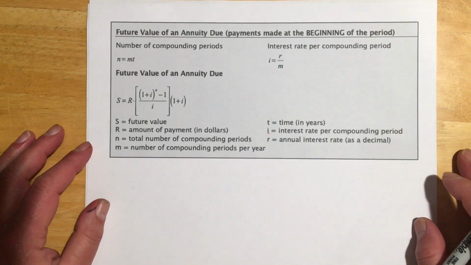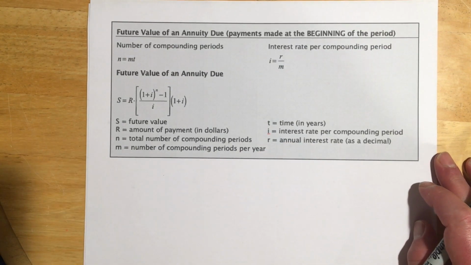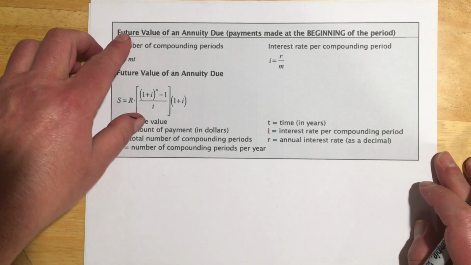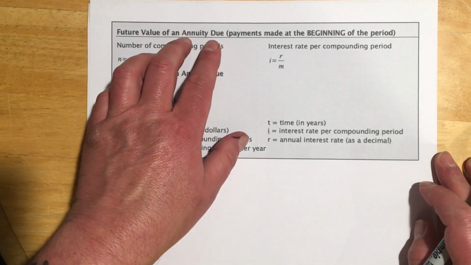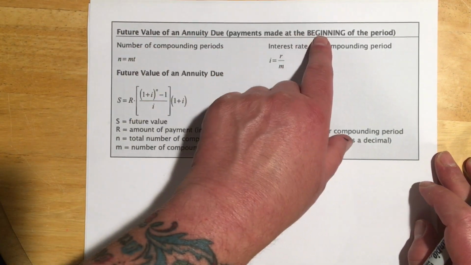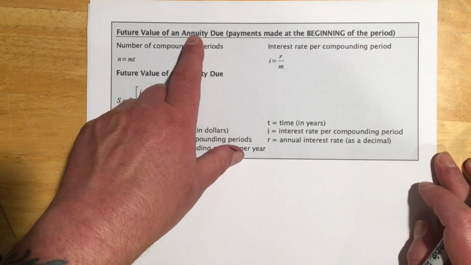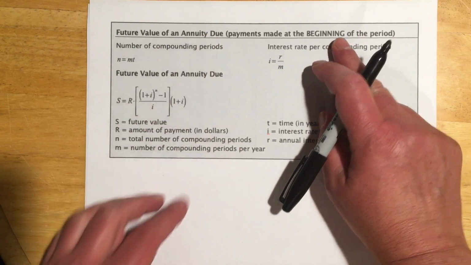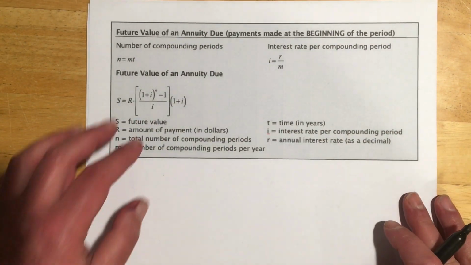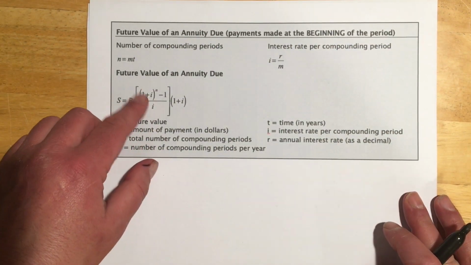Okay, so this is going to be the second flavor in this section. So still future value, that hasn't changed. But now it's going to be annuity due, where the payments are made at the beginning of the period. So either we're going to see annuity due in the directions, or something about the payments at the beginning, and that tells us that we're using this formula. It's fairly similar, a little bit different.